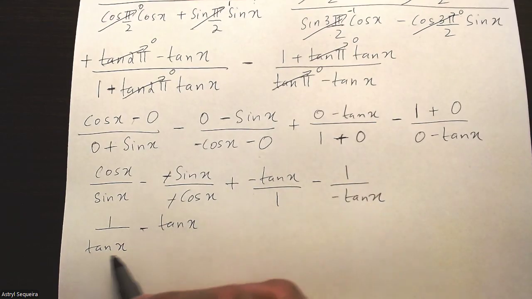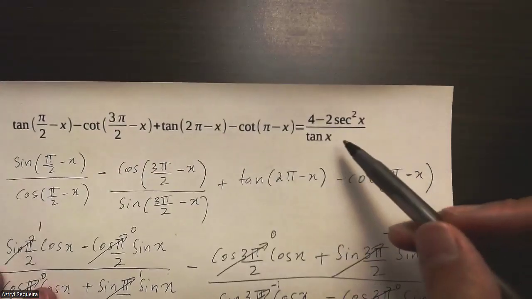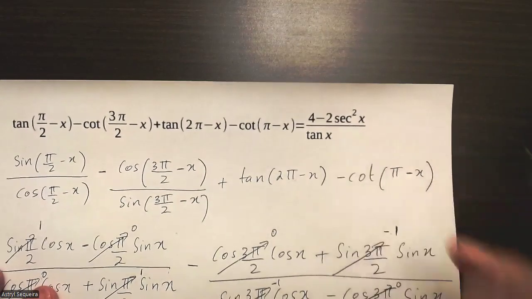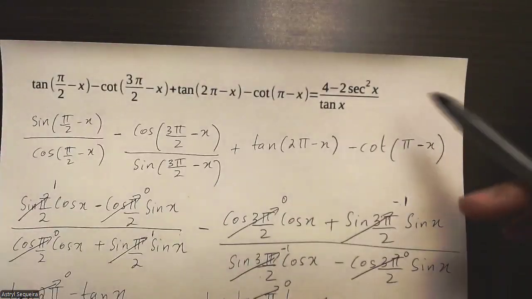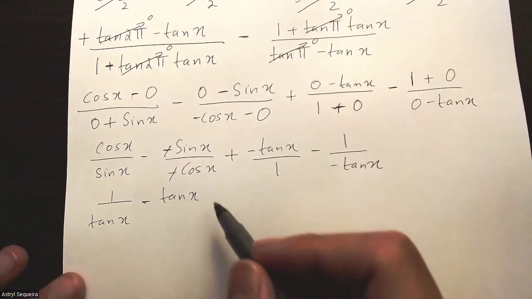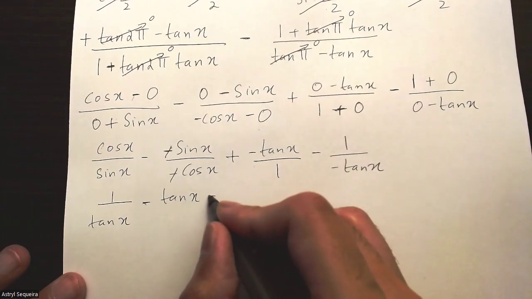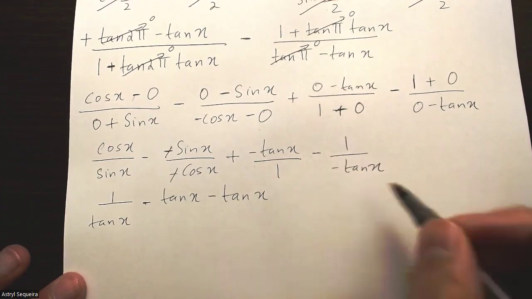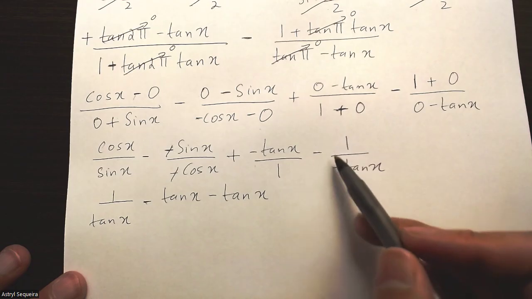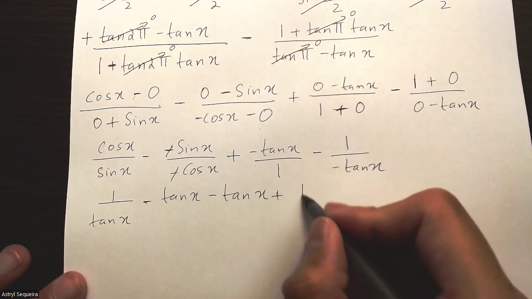And the reason I'm turning everything to tan is because on the other side I have a tan in the denominator. So I'm kind of going off that. I also know that I can get sec square from tan square using my Pythagorean identities. That negative tan over 1 is just negative tan x, and then these two negatives cancel. I'm just left with 1 over tan x.